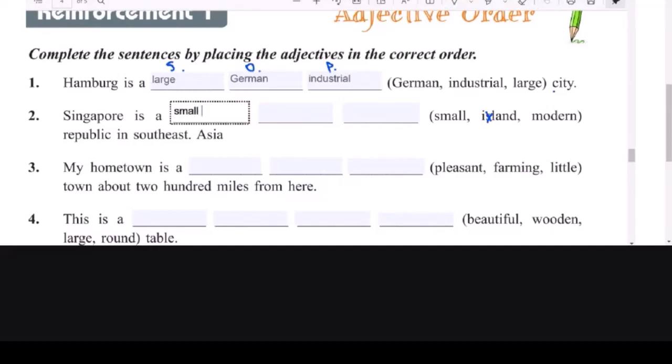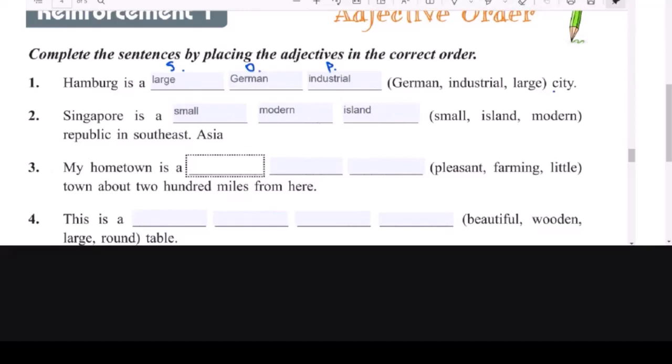Right, exactly. Small, modern island city, republic in the south. Right? In the south. Yeah. What type of republic? It's an island republic. Yes, it's another one. If it was a continent, right, it would be a different type of island, different purpose.